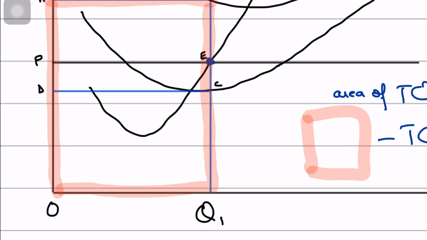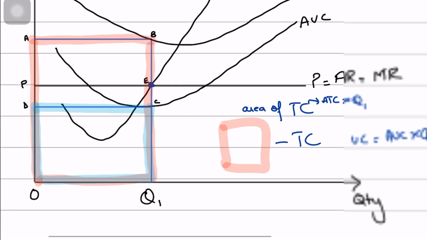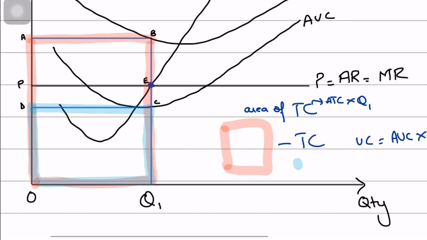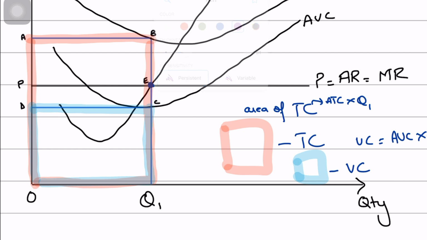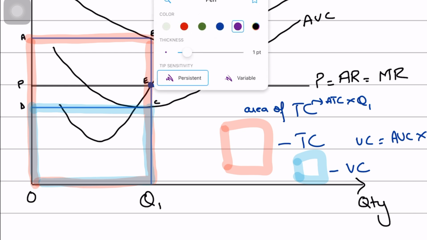So total variable cost का जो area आएगा, it will be this area, this box. This box is my total variable cost. So this blue box is my total variable cost. Now listen to this very carefully. I'm using a different color, purple. In fact, let me use red.